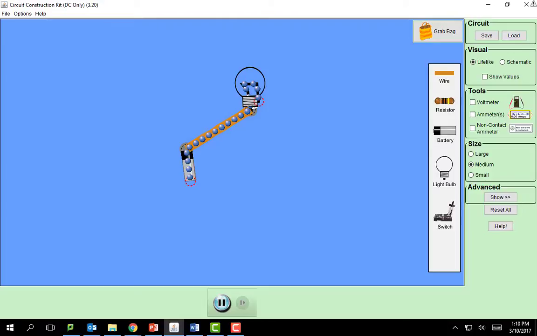That didn't work at all. We needed to have a complete closed circuit in order to cause the light bulb to light up. In other words, we had to have the electrons have a complete path all the way around the circuit. Go through the battery, then back through the light bulb, then through the battery, then back through the light bulb, and over and over and over again, until the battery no longer lets the electrons flow.